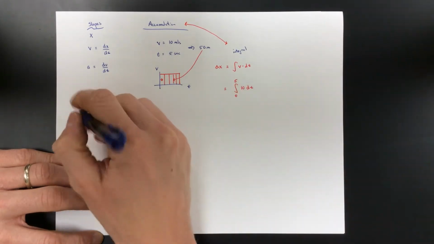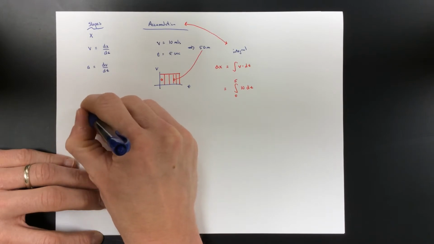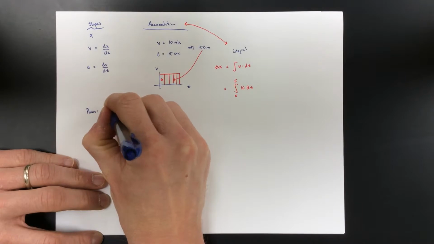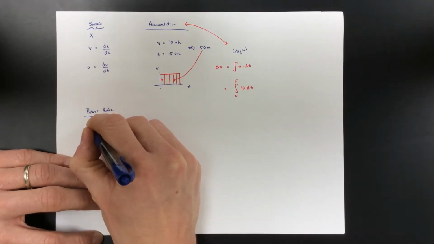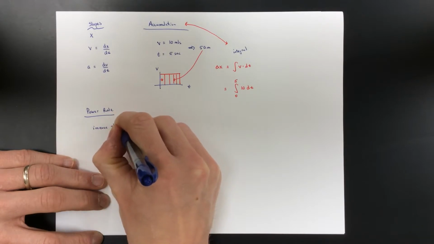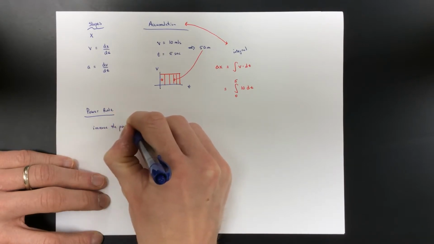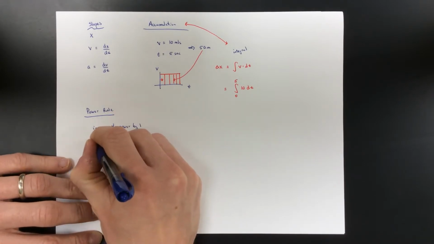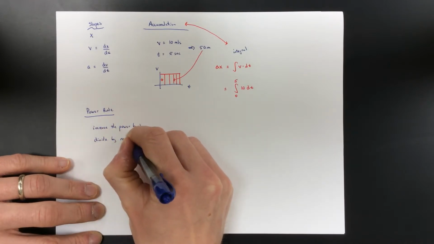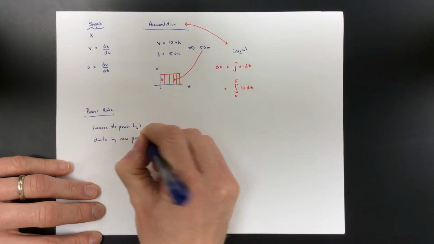And here, this is the reverse power rule, or the power rule for antiderivatives. Okay? You're going to increase the power by 1, and then you're going to divide by the new power. You're going to do the exact opposite.